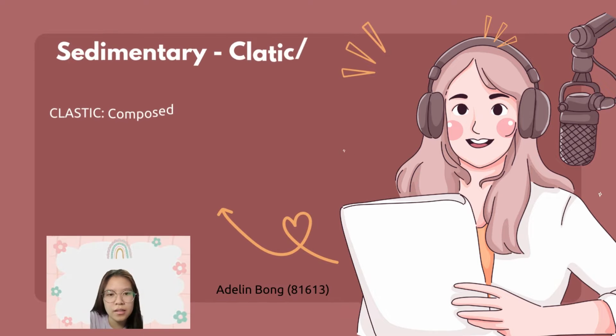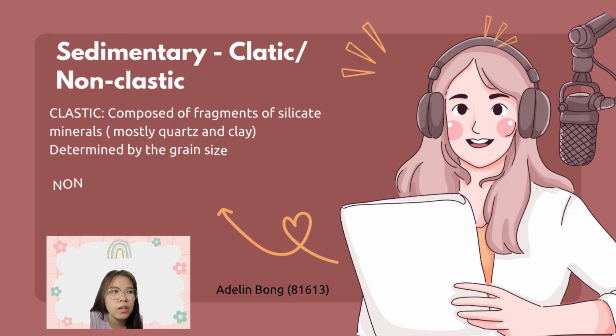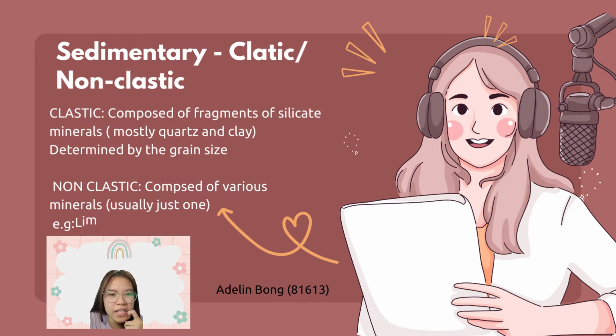Okay, so the next type of rock is sedimentary rock. Sedimentary rock can be formed as a result of chemical precipitation. Rock identification for this type of rock can be seen as there are visible layers, fossils, or unique features such as ripples and mud cracks in sedimentary rocks.